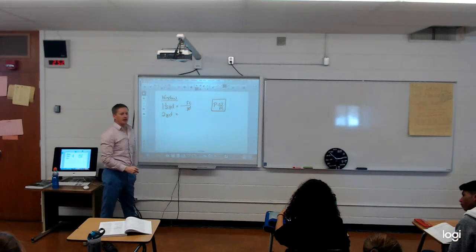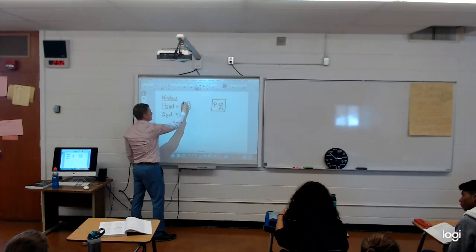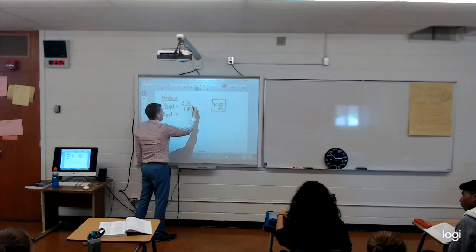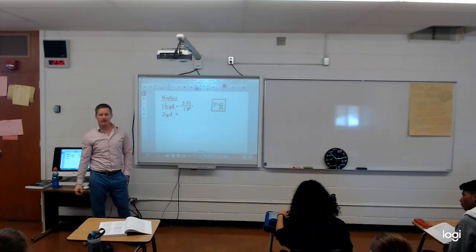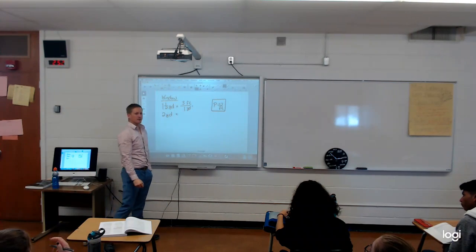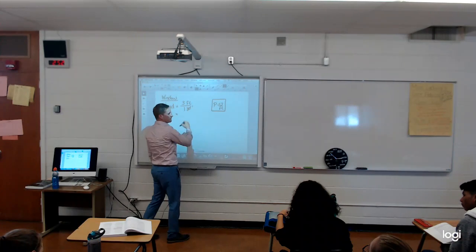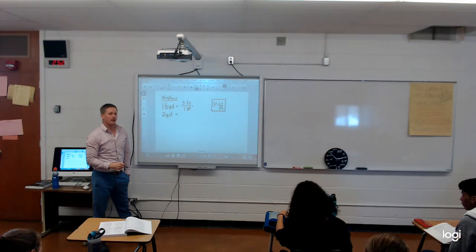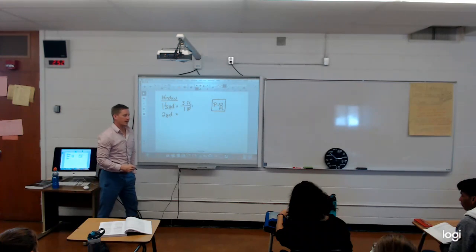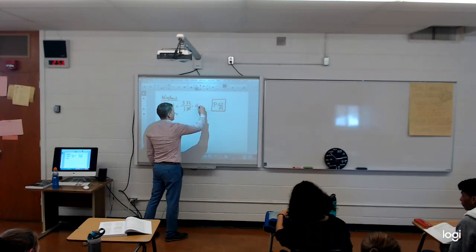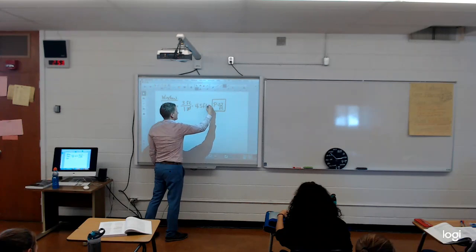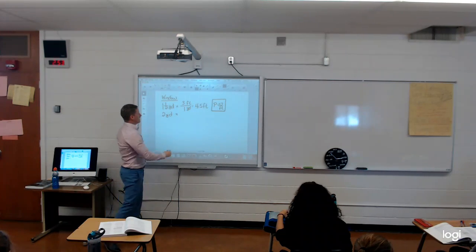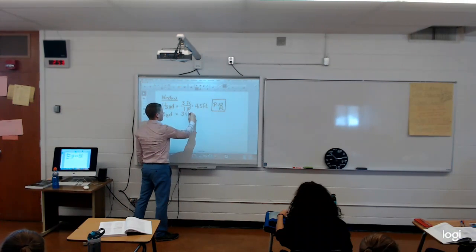How many feet in a yard? 3. So I'm going to take 3 and times it by 1.5. And what does that work out to? 4.5 feet. Okay? And 2 yards, same ratio, 3 feet by 1 yard.